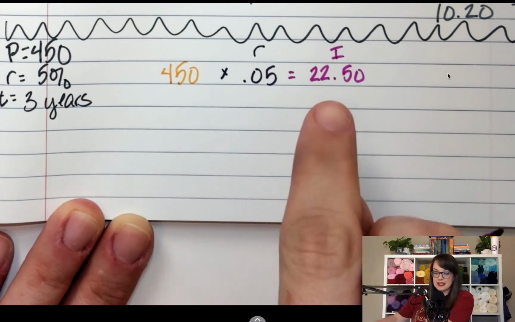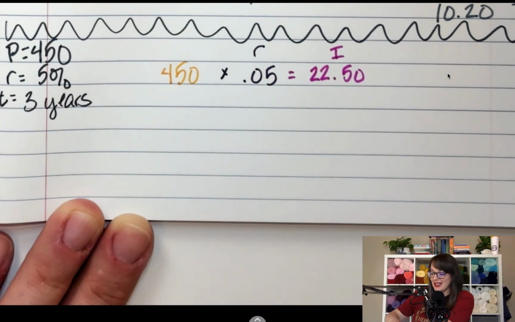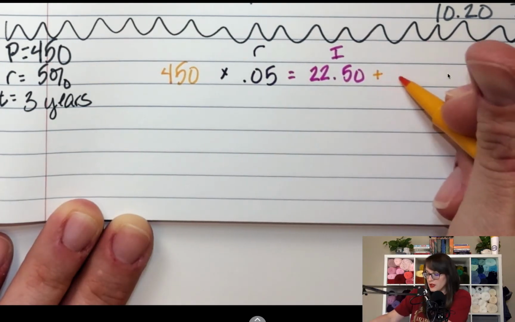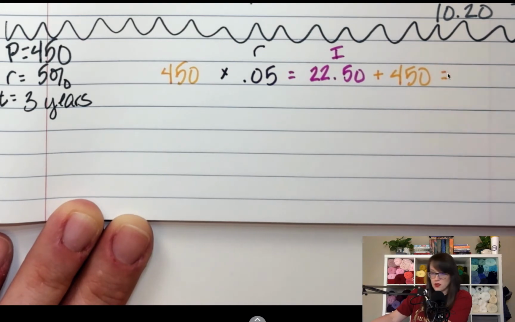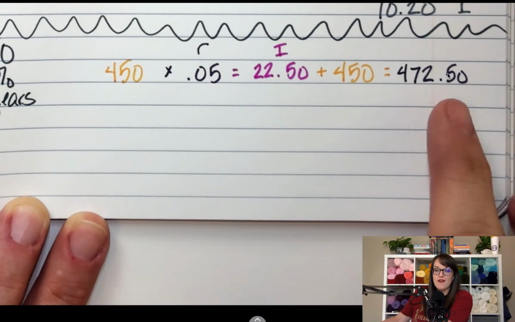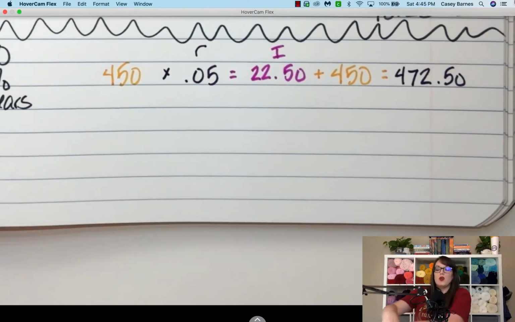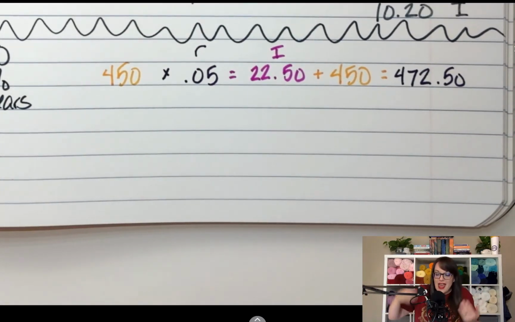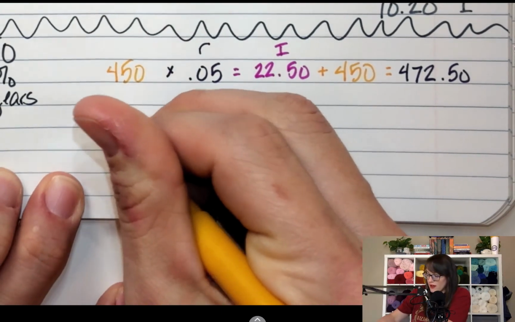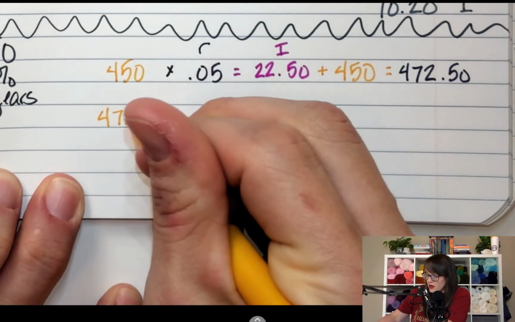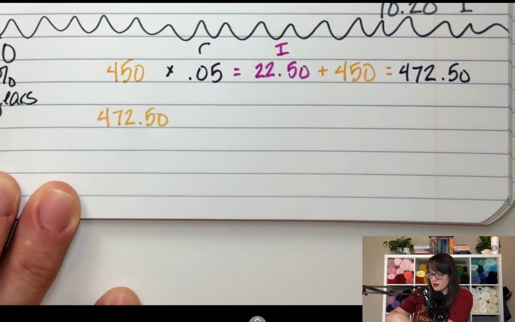So then what happens is the interest gets added to the principal. So you add it to the principal, and that equals 472.50. So after 1 year, I have this much money in the bank. Well, then the next year, when I start at the beginning of the year, I'm going to have $472.50 to start out.